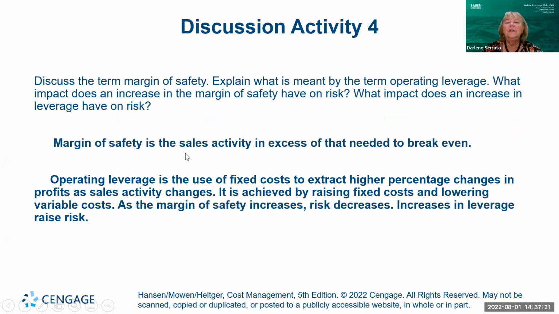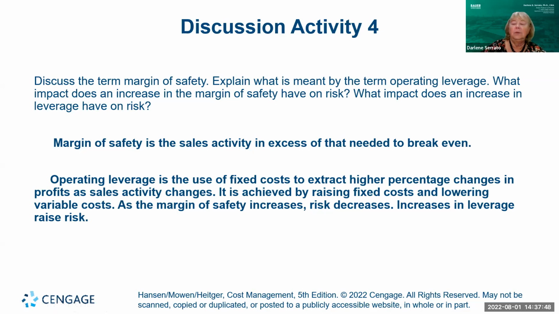So margin of safety is the sales activity that's needed, that's in excess of the break-even point. So it is a formula. The formula for margin of safety is actual or budgeted sales minus break-even sales.